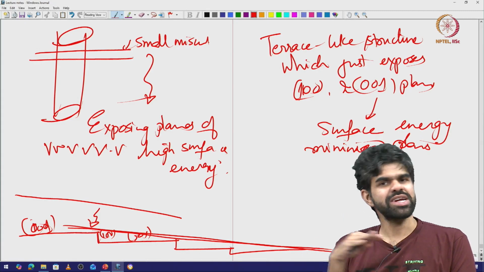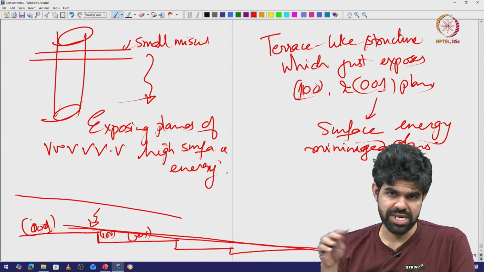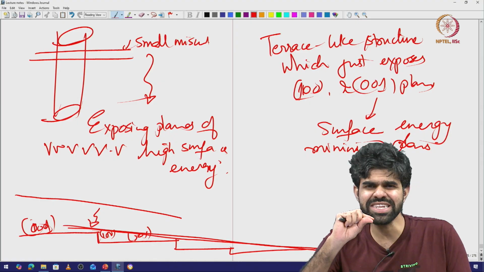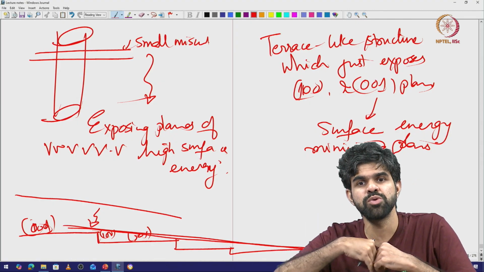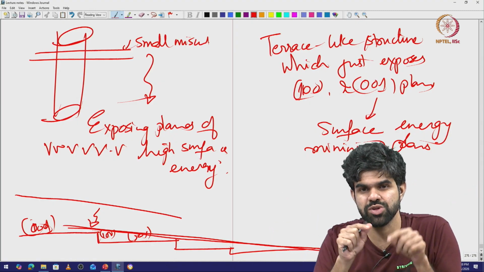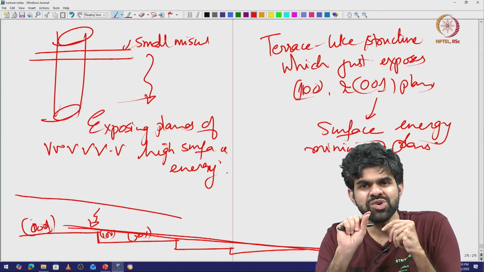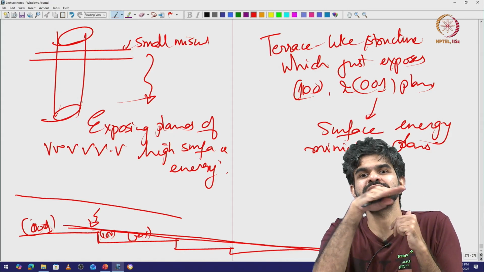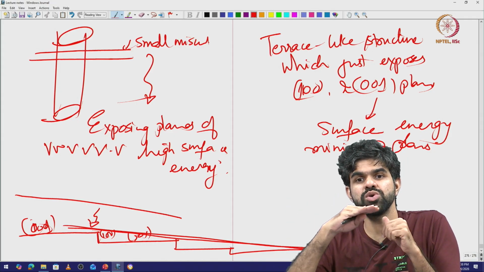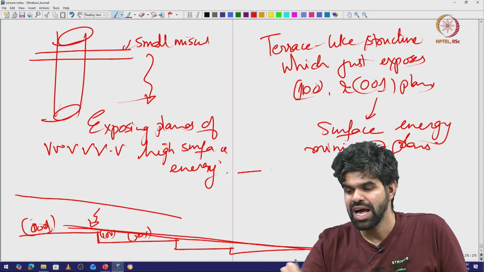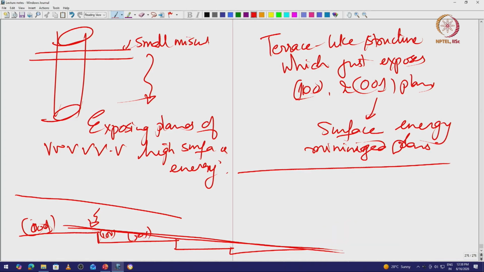Okay. So generally, singular surfaces are unstable. Unstable meaning a slight deviation is going to blow up your surface energies, like we saw here, right. And so the slight deviation is accommodated as terraces. So it is good to always have what are called vicinal surfaces.